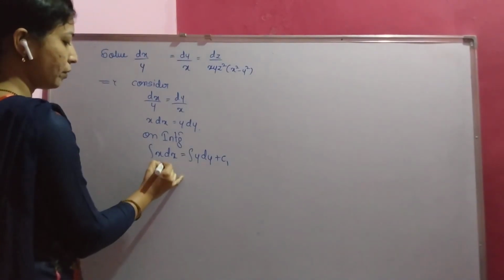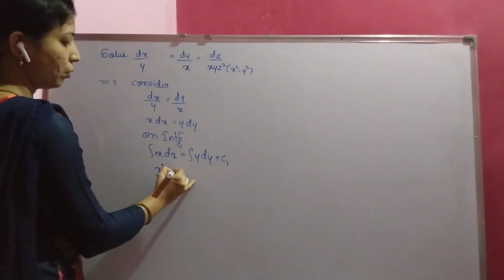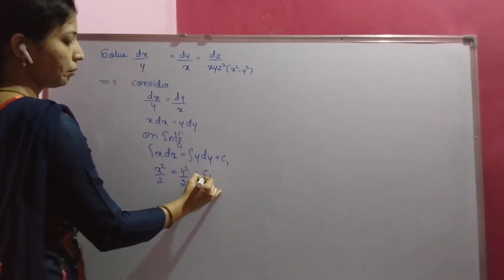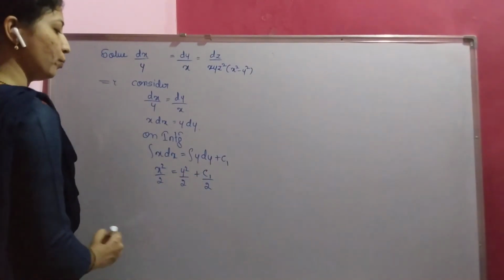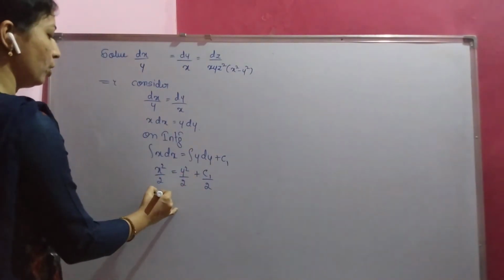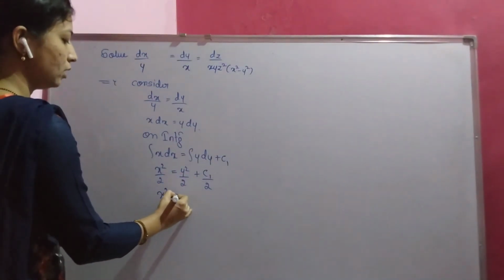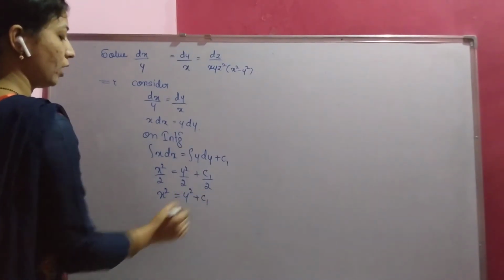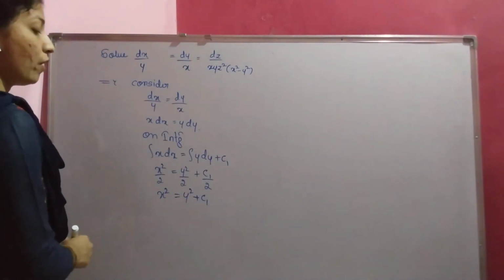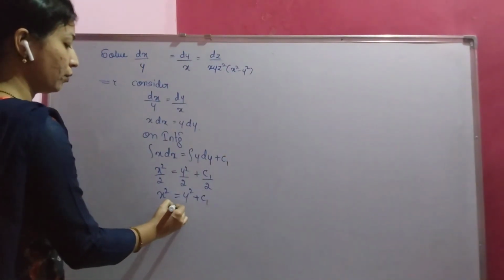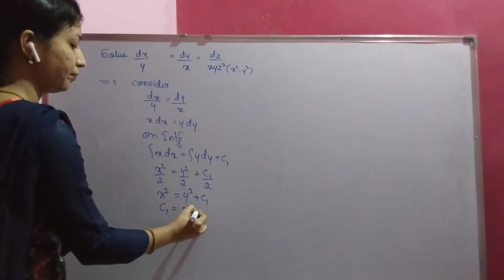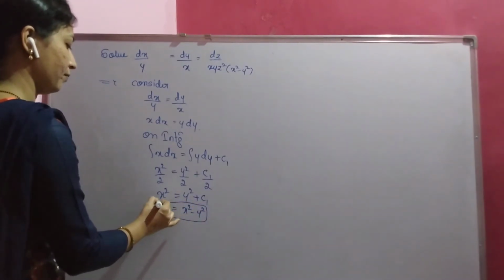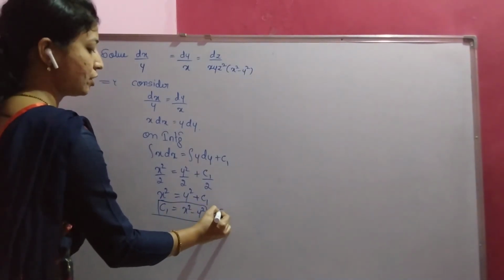So x square by 2 is equal to y square divided by 2 plus the constant, which can be written as c1 divided by 2. Again the LCM is 2, so the 2 gets cancelled. So we have x square is equal to y square plus c1, or c1 is equal to x square minus y square. Call this equation 1.